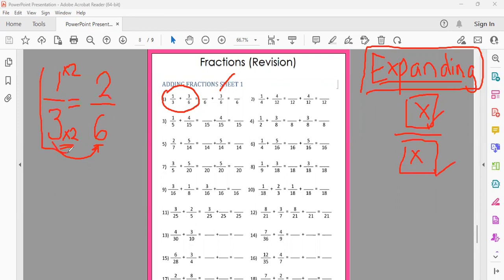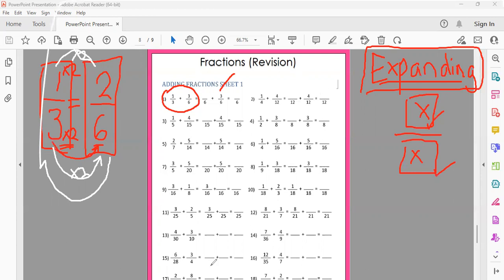These 1/3 and 2/6 are called equivalent fractions. So at this point, let me explain. If I multiply 2 and also multiply 2, I'm going to get 2/6. But if I divide 6 by 2, I'm going to get 3. 2 divided by 2, I'll get 1.